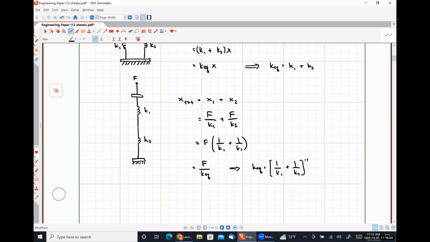So springs in series combine like resistors in parallel. Or we could say that springs combine like capacitors do would be another way to do it.